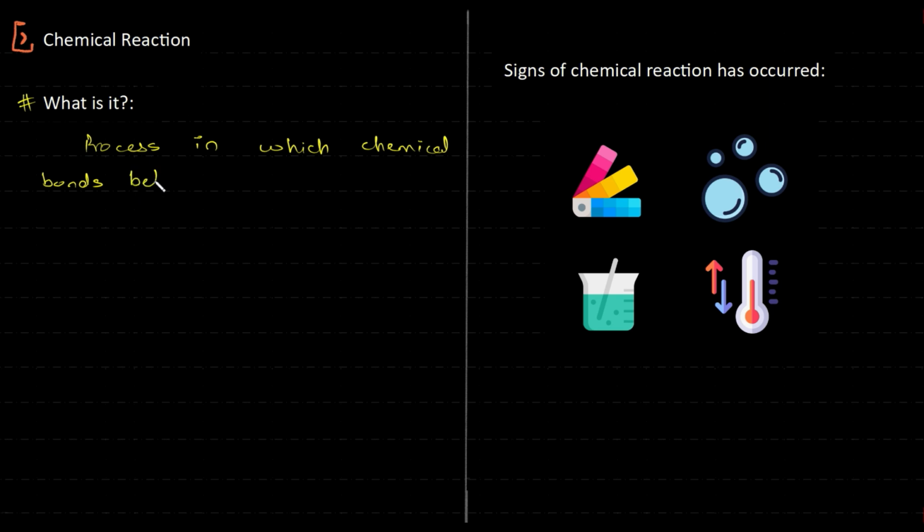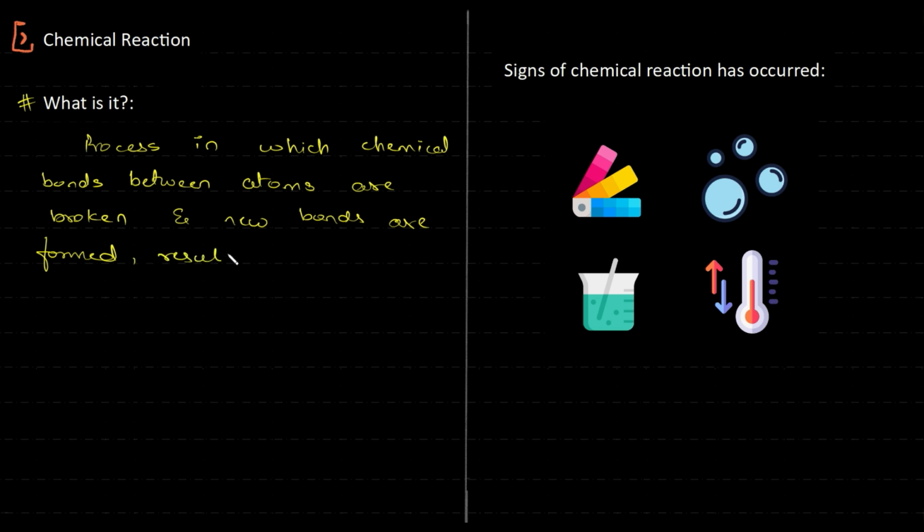So chemical bonds between, obviously, atoms are broken. Does it make sense? And new bonds are formed, resulting in the creation of a new substance with different properties.